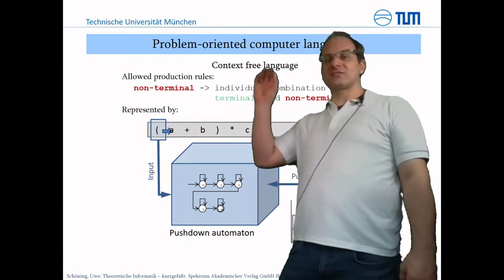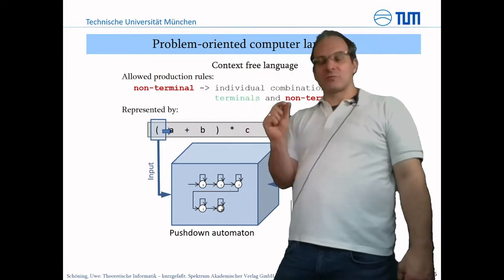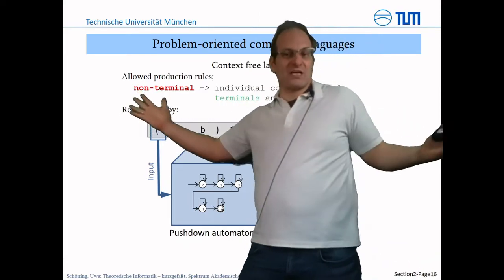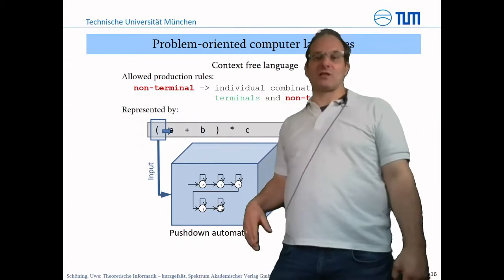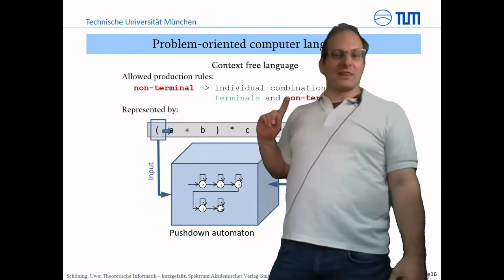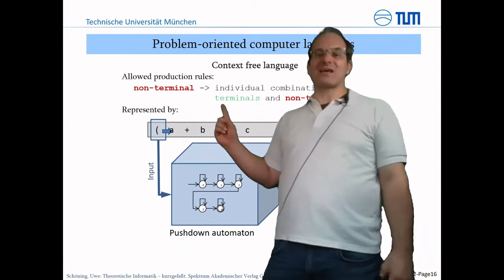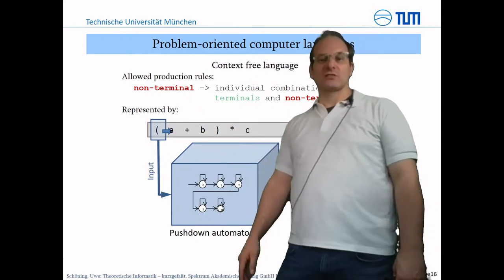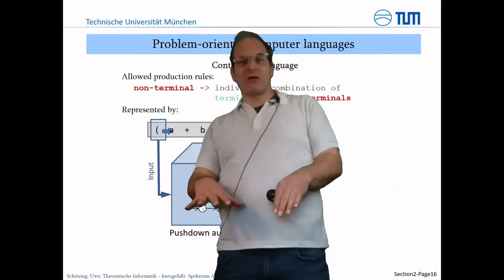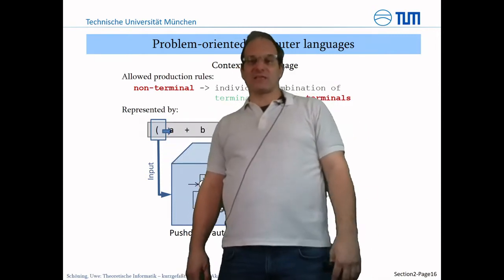So it's not only one terminal and one non-terminal or a terminal, it's now a sequence which you can define. For example, A, B, and terminal, non-terminal, and things like that. So we extend this, and what we get now is a context-free language. So the next step from the regular language to a high-level language is the context-free language.